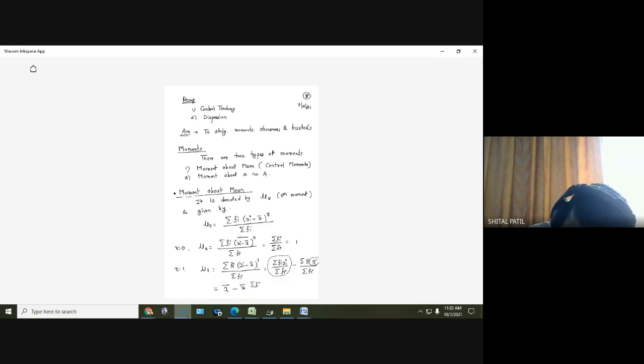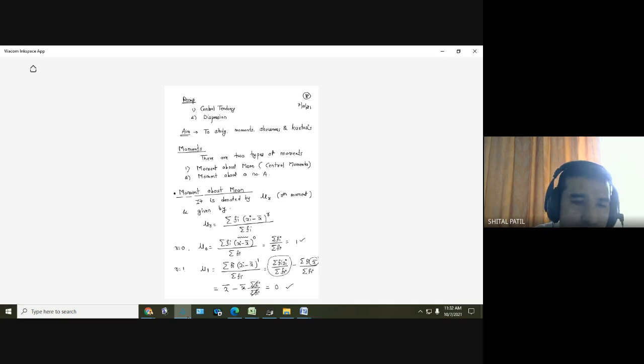Then fi cancels, x bar minus x bar, and what do we get? 0. So the first central moment is always equal to 0, and the 0th central moment is always equal to 1.